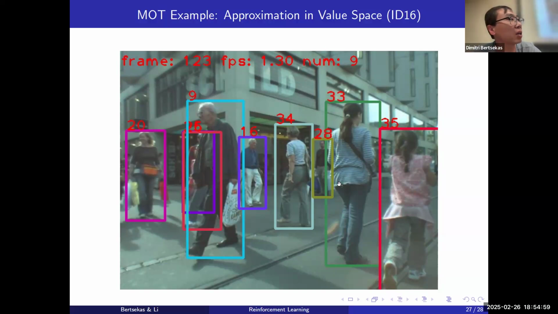So to give you some practical details, of course, the practical problem is not as clean as the mathematical problem I have described earlier. To start with, each frame may have a different number of people, right? There are people who emerge, and some people disappear or run out of the range of the camera. And some people are hidden or occluded by other people or objects.